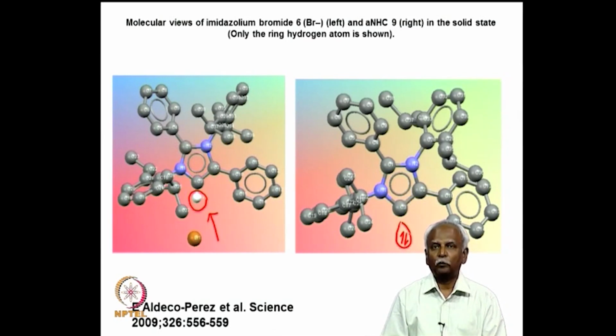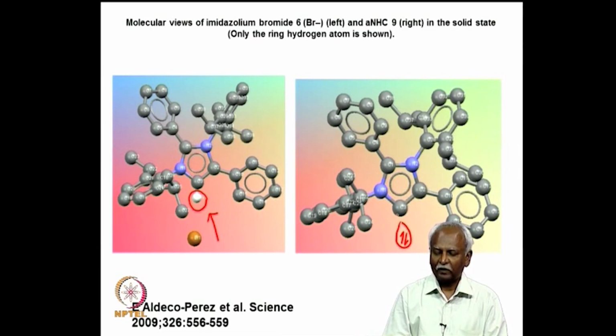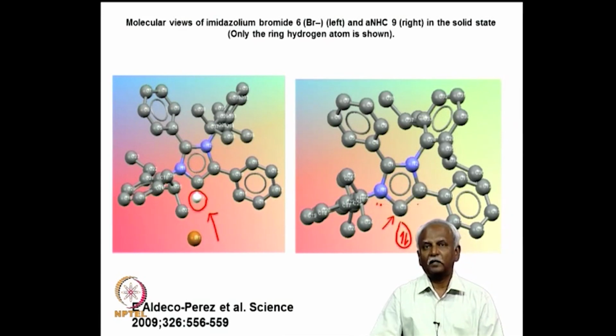But now, we call it abnormal only because you have the usual carbene carbon bearing a phenyl group now, and the unusual position for the carbene carbon is in the third position. It is stabilized only by the vacant p orbital on the C3 atom, which is stabilized by the pair of electrons present on N1, but it cannot be stabilized by the lone pair present on N2.